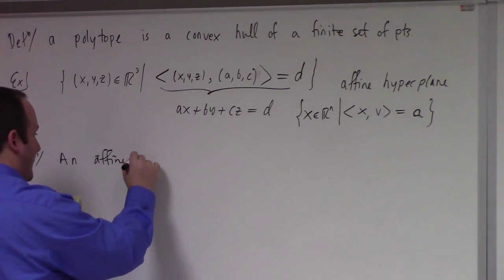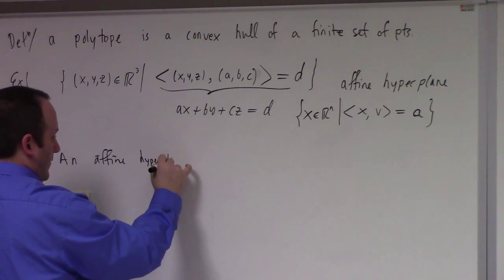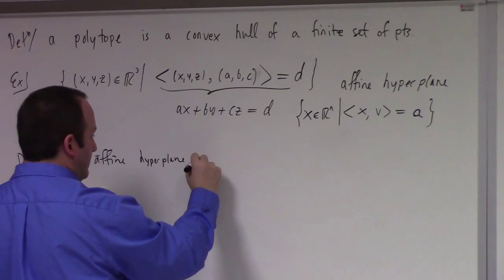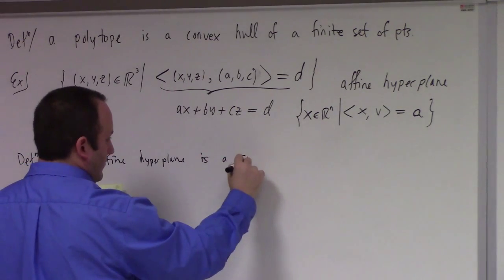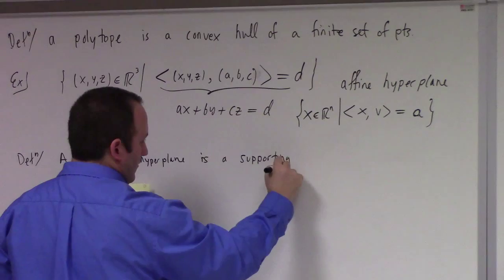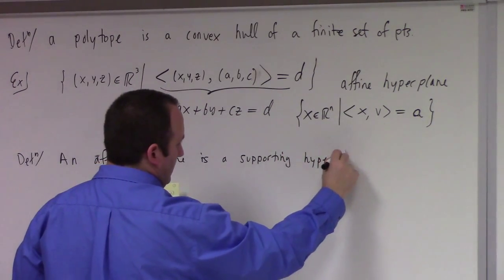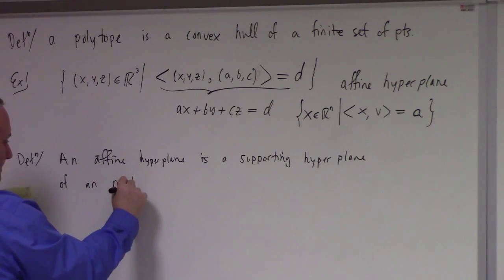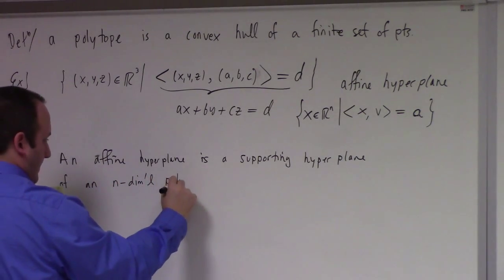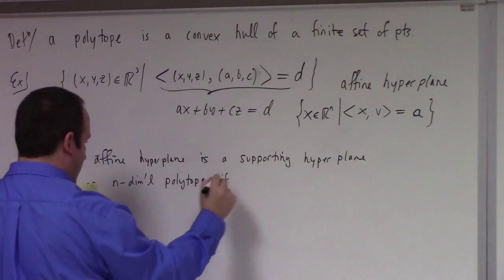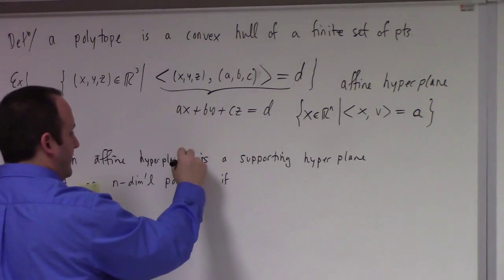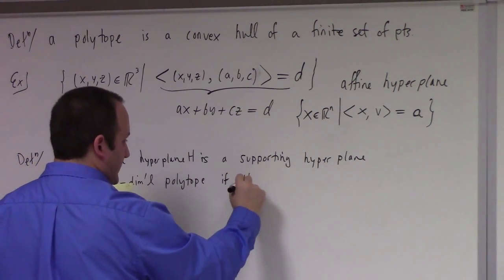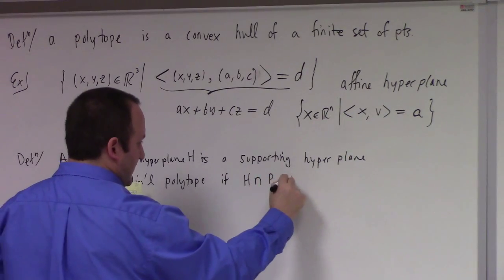So, an affine hyperplane is a supporting hyperplane of an n-dimensional polytope P if, let's call it H for hyperplane, H intersect P is non-empty.